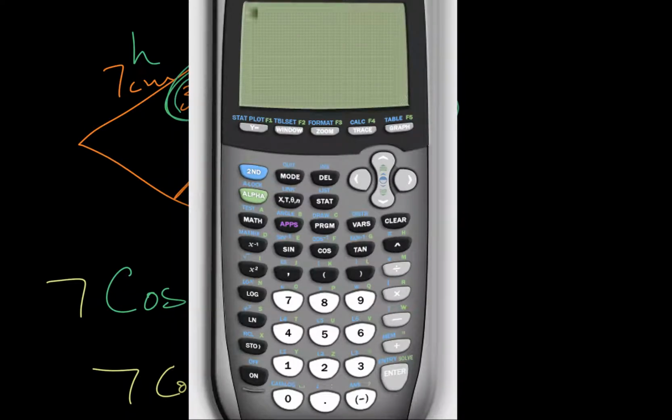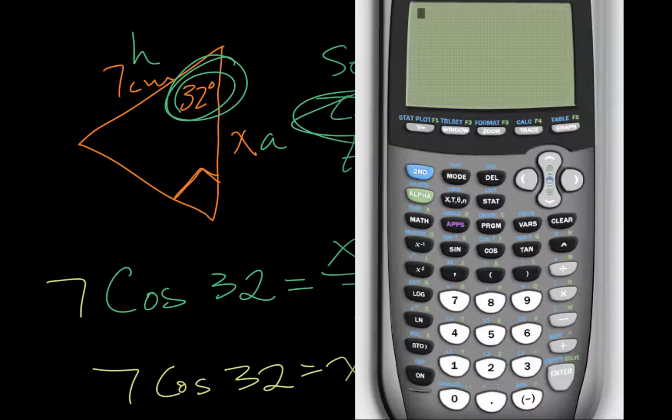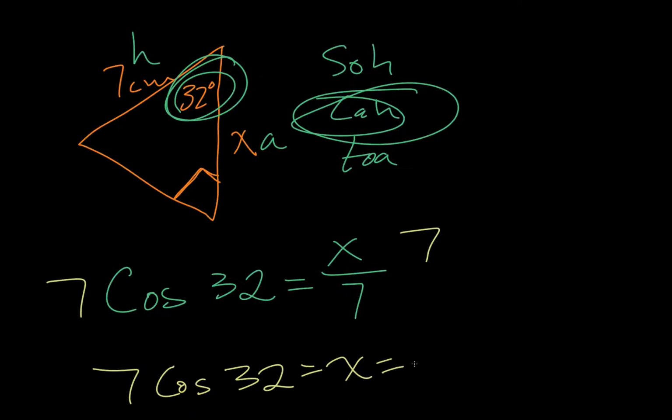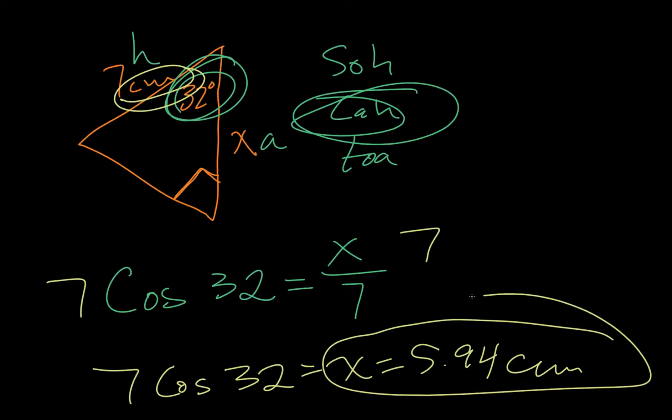And then we can just type it in. So it's 7 cosine 32. Hit enter. We get 5.94 because it said 3 significant figures. So 5.94. Our length was in centimeters, so this will also be centimeters.